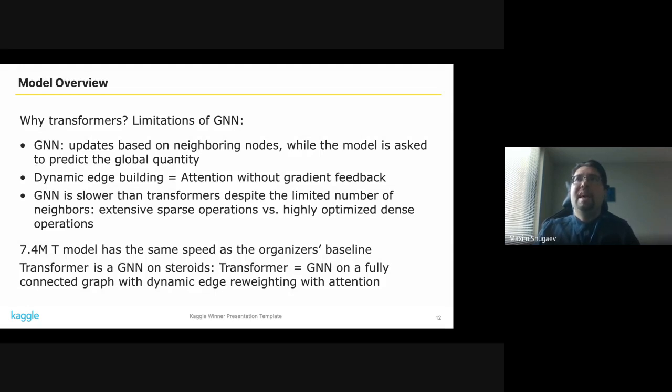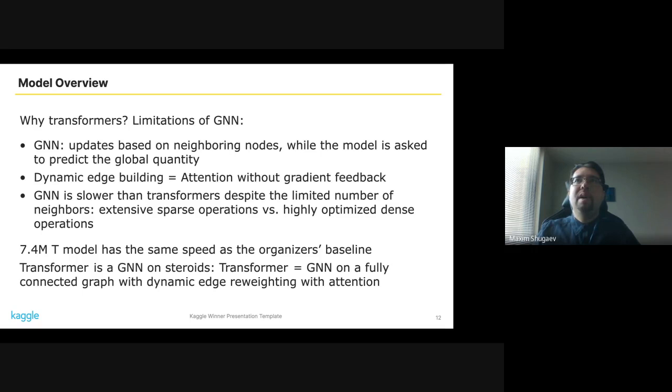Meanwhile, the model is asked to predict a global quantity, such as the direction. To minimize this local versus global mismatch, one can consider dynamic edge building. However, it falls short in comparison to multi-head self-attention, which in addition has gradient feedback and also is not limited to a specific number of neighbors.